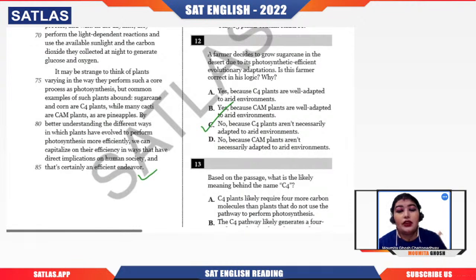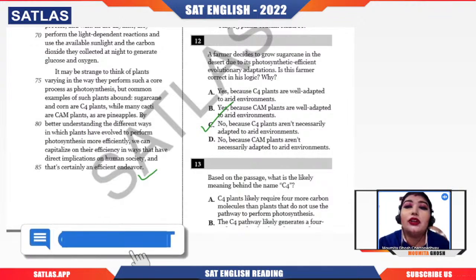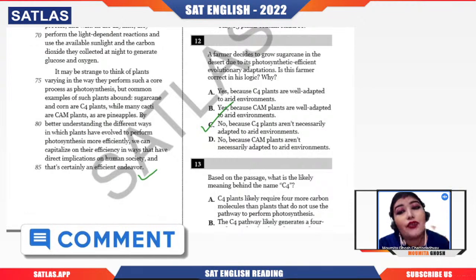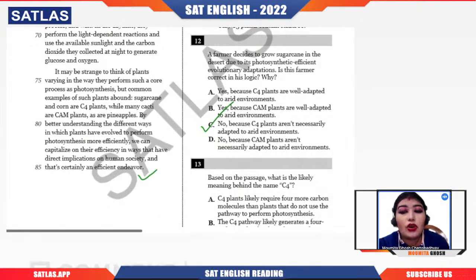Because of the hot arid climate, and the oxygen saturation is very low, sugarcane cannot grow in a desert region. And as sugarcane is a C4 plant, carbon with four molecules, it is a part of the C4 fixation. So it will not be well adapted in the desert region. So he is incorrect in his logic.